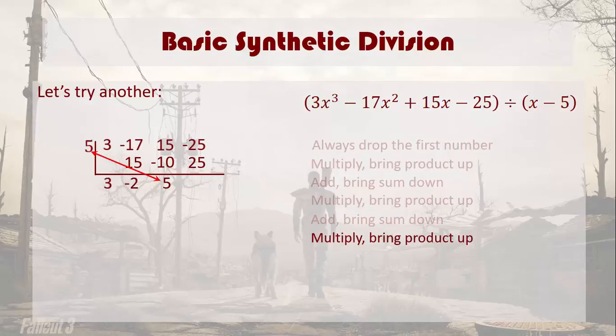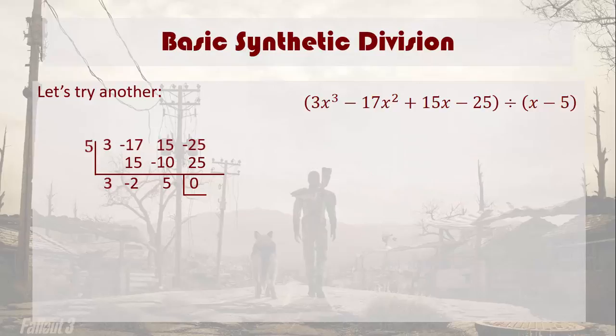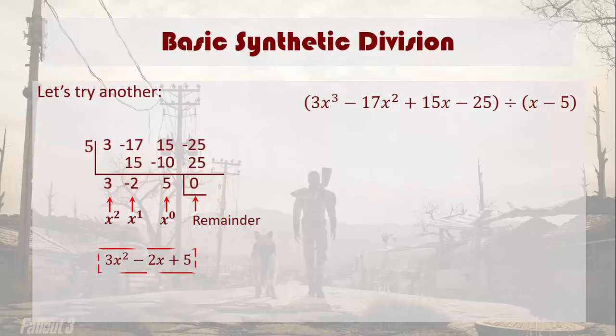Bring it up top. Add. And that last number is our remainder. Now we have a remainder of 0. So our final answer will be 3x squared minus 2x plus 5.